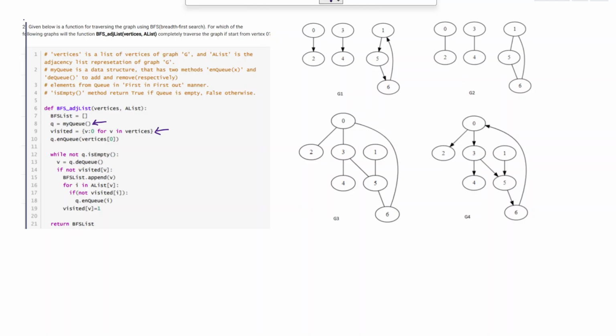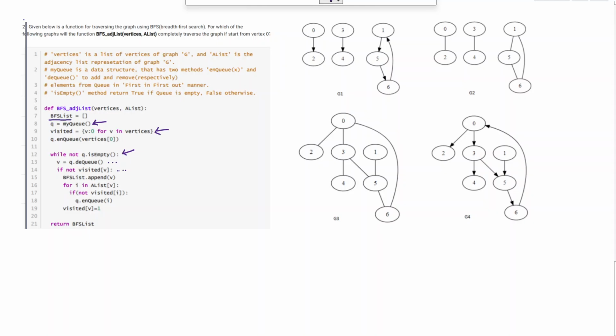And what is the algorithm? The algorithm runs until the queue is empty, right? The moment the queue is empty, the algorithm stops. What it does is, it looks at the first element of the queue, and if it is not visited, then it will add the vertex to the list which is initialized as BFS list.